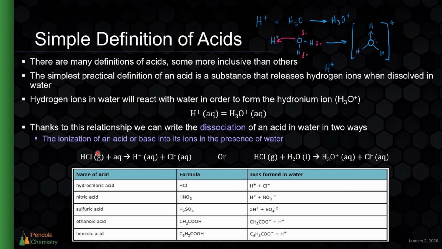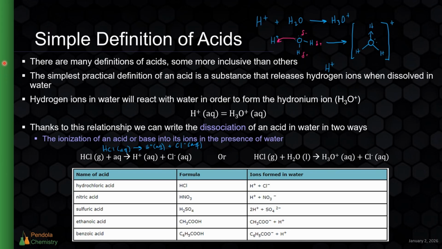And so that acid is just going to split up into H plus and Cl minus. Another way to write this is just HCl aqueous instead of HCl gas plus aqueous. So it'll just be HCl aqueous yields H plus aqueous plus Cl minus aqueous.